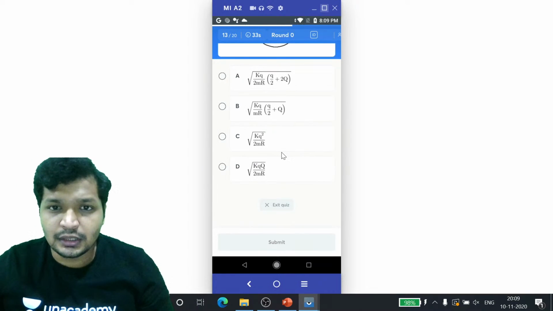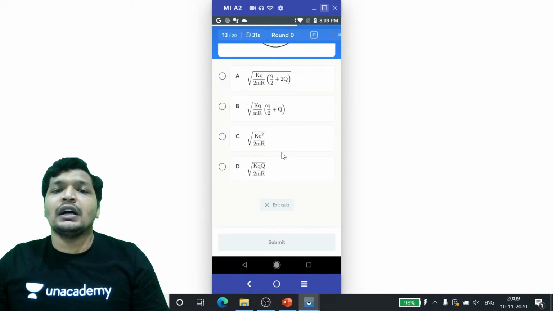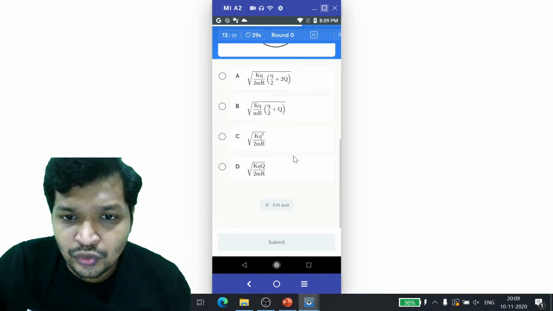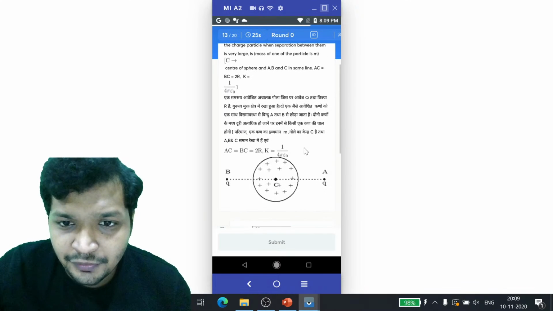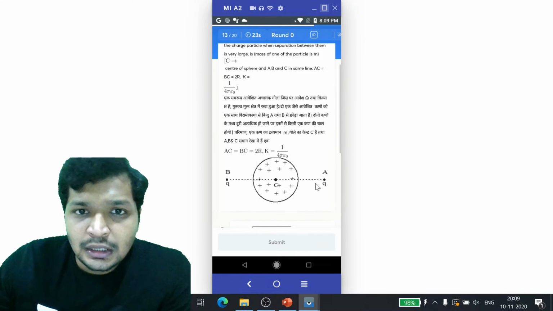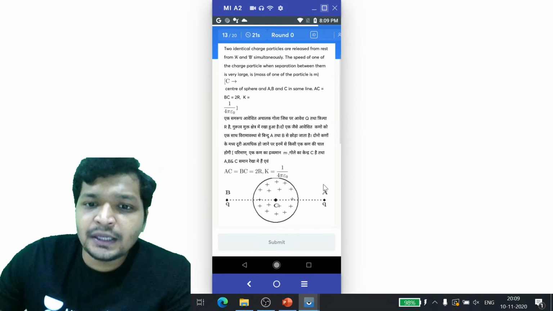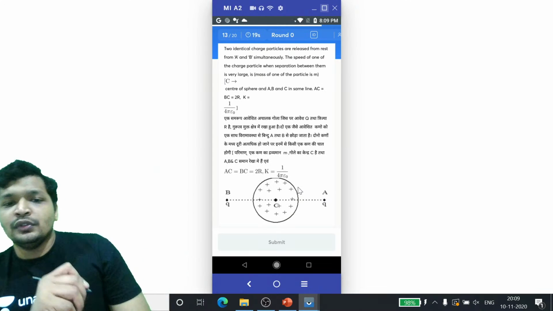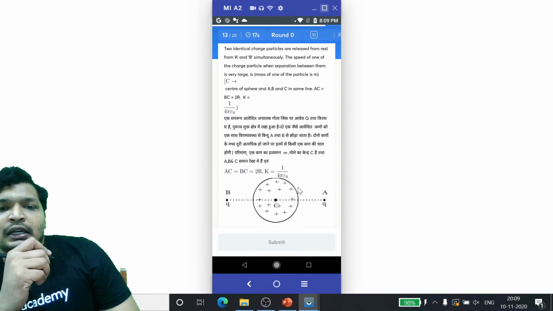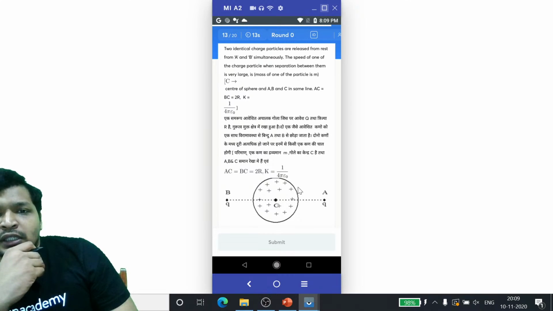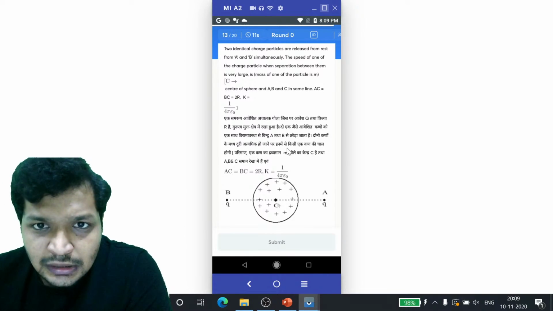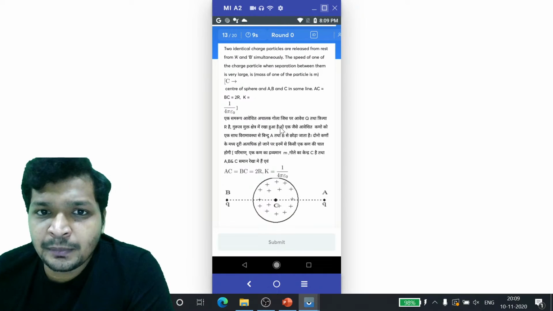So let me quickly grab the figure. There is a charged sphere and now you have Q and Q. Now the thing is, what is the speed of one of the charged particles when the separation between them is very large?